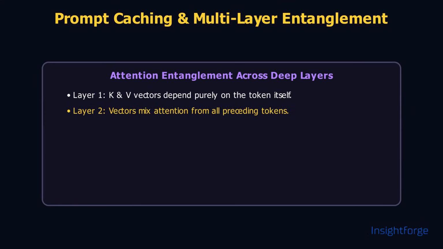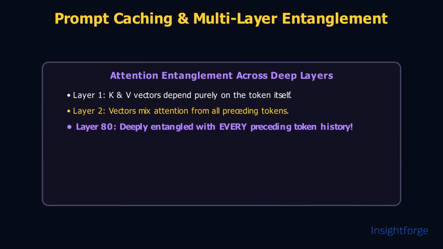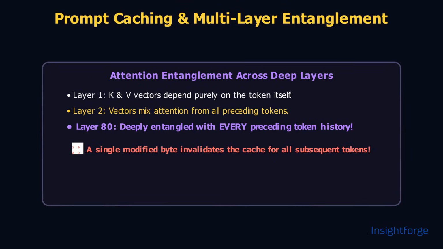Therefore, as information flows deeper, each token's representation becomes a product of its history. By the time you reach layer 80, the keys and values for a single token are deeply entangled with every single word that came before it. Therefore, a single change of a single byte anywhere in the prefix completely invalidates the cache from that point forward.